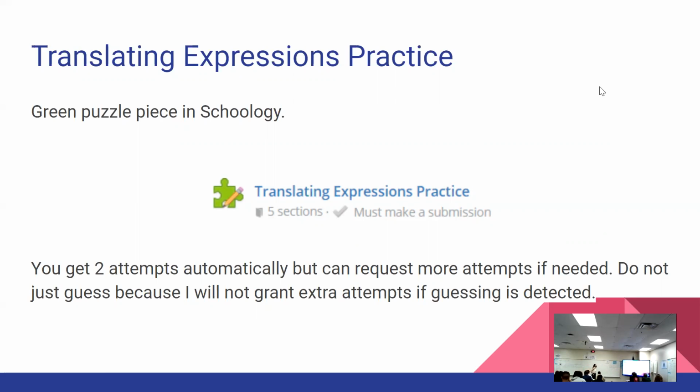You get 2 attempts automatically, and if you don't hit that 80% or higher, or if you want to try and get 100%, I am willing to give you more attempts, but I don't want to give you more attempts if you spent like 30 seconds on it, because then that tells me you were just guessing and trying to memorize the correct answer. So if you want extra attempts, let me know after you have used your 2 attempts and I will reset it for you.